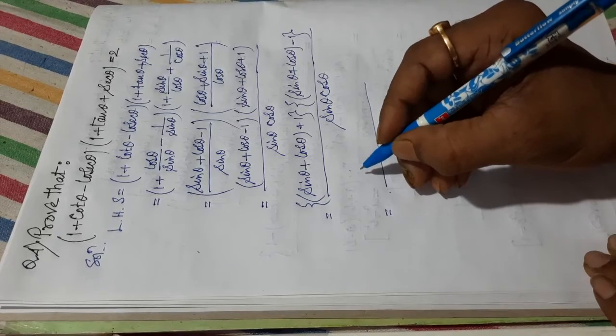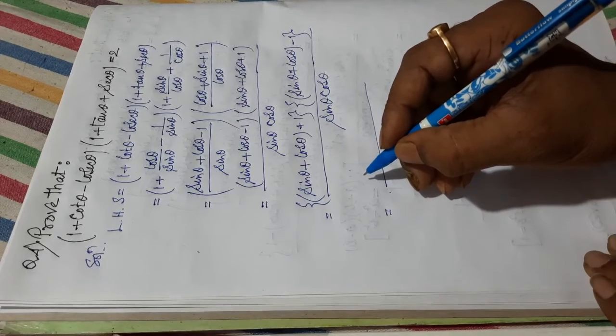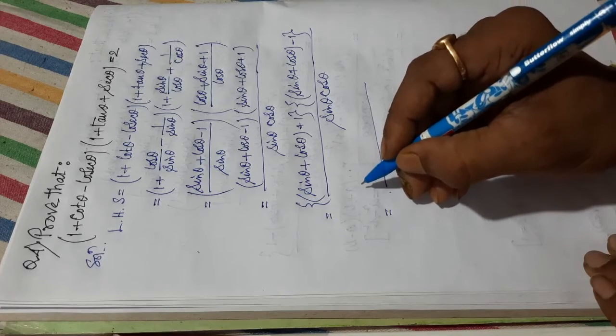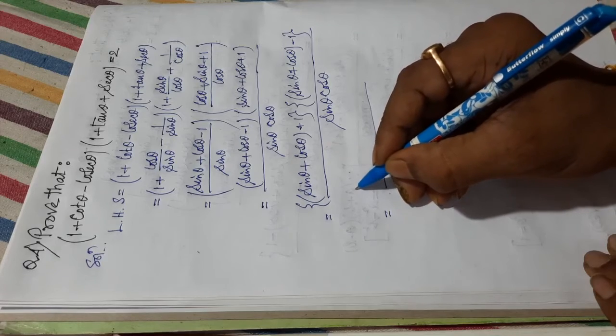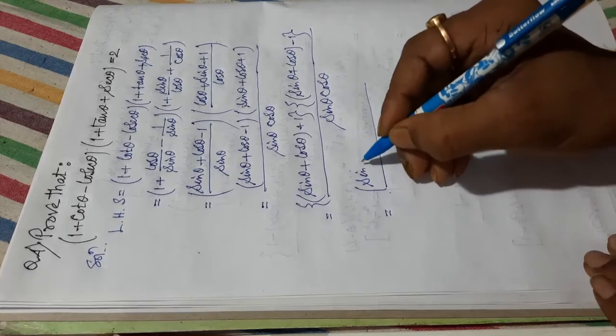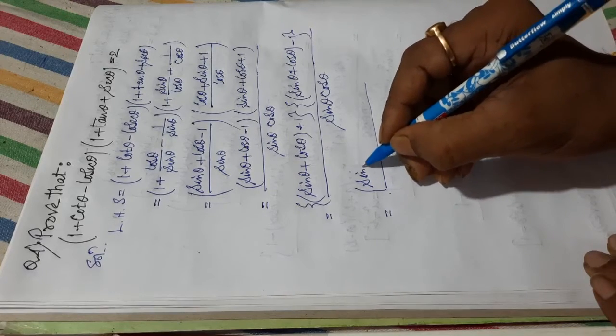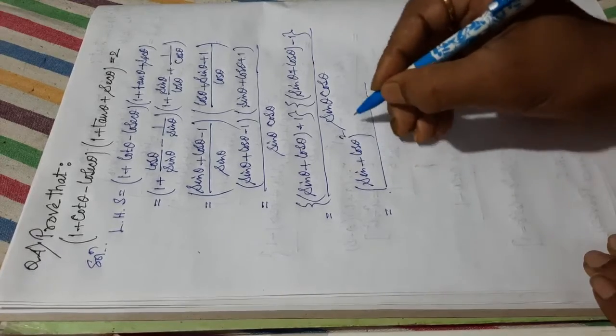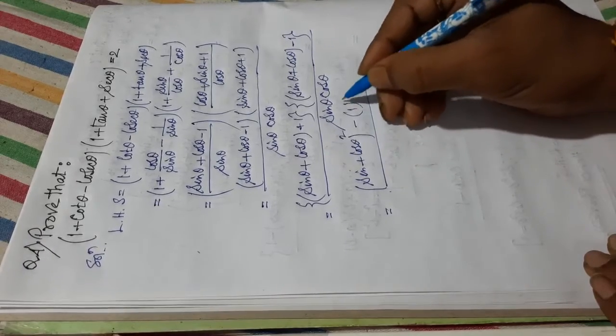If sin theta plus cos theta is equal to A and 1 is equal to B, then we get A plus B into A minus B, that is A square minus B square.